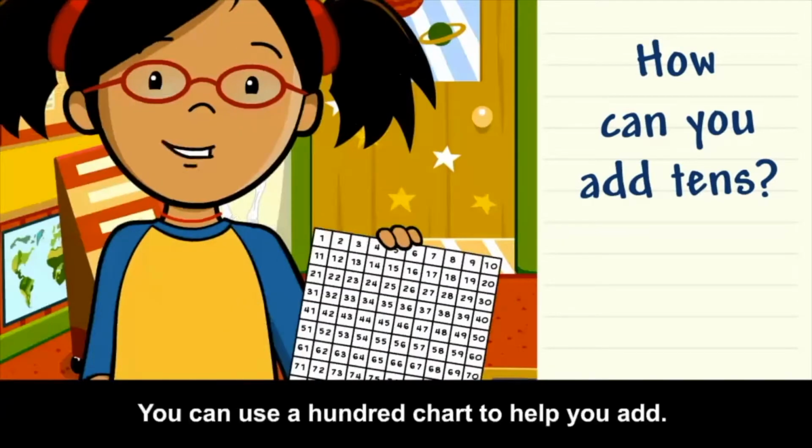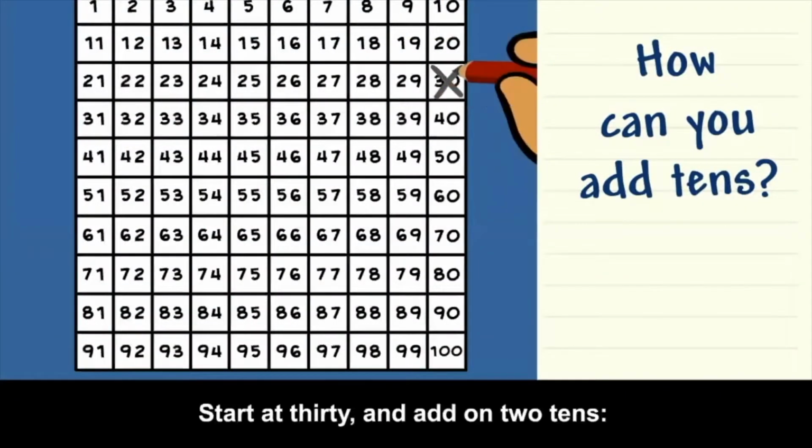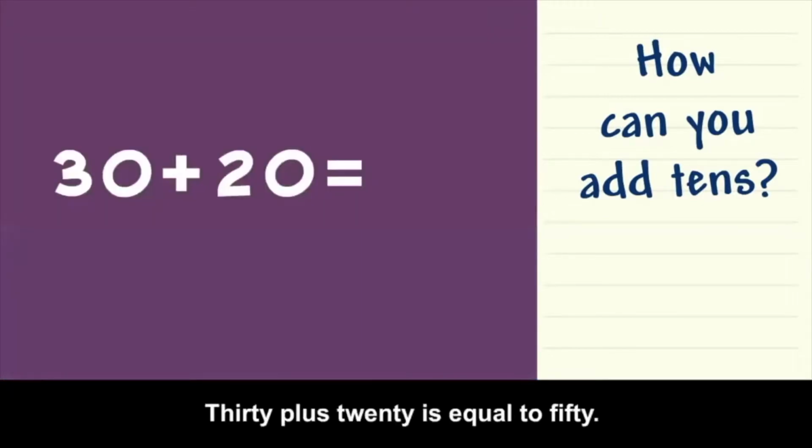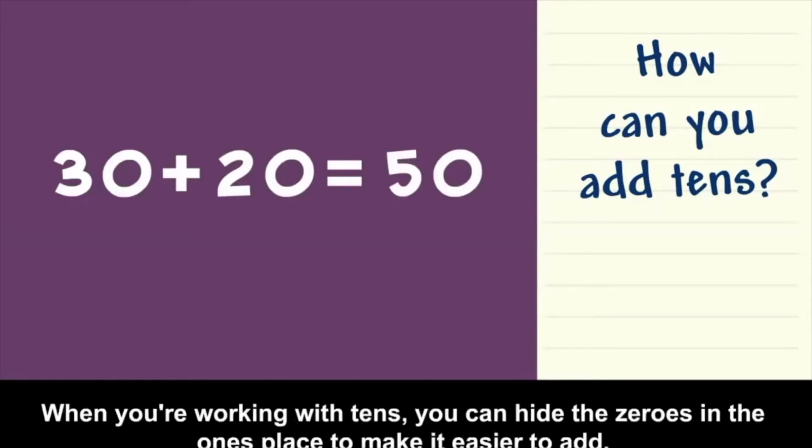You can use a 100 chart to help you add. Start at 30 and add on 2 tens. 40, 50. 30 plus 20 is equal to 50. When you're working with tens, you can hide the zeros in the ones place to make it easier to add.